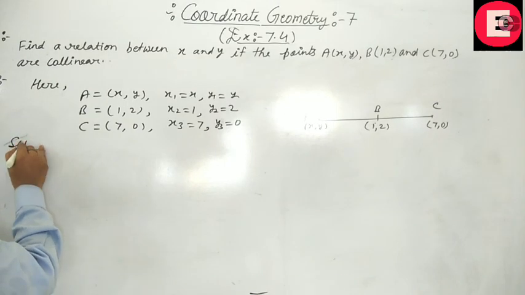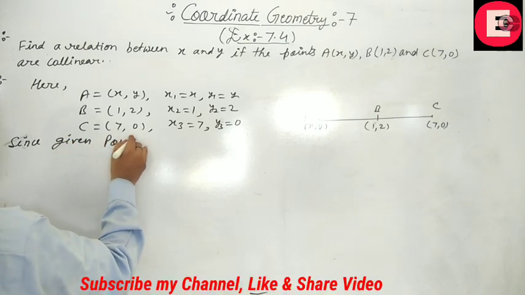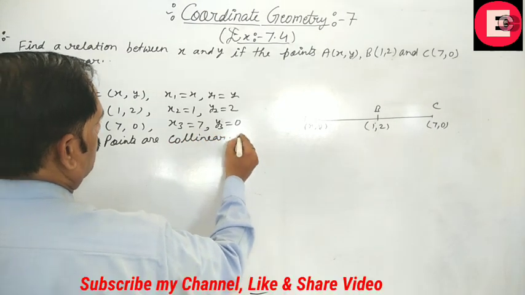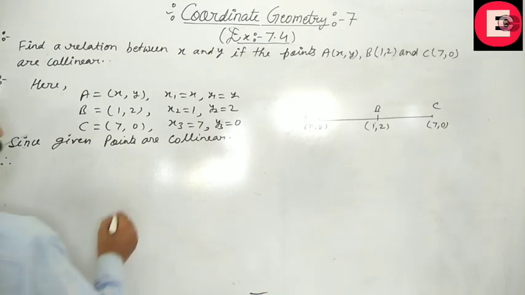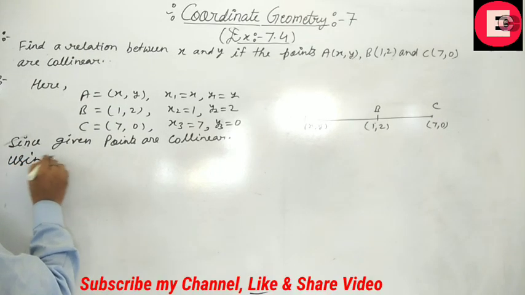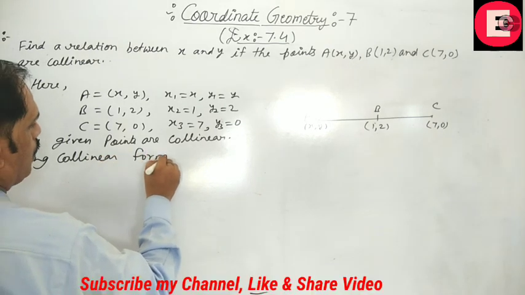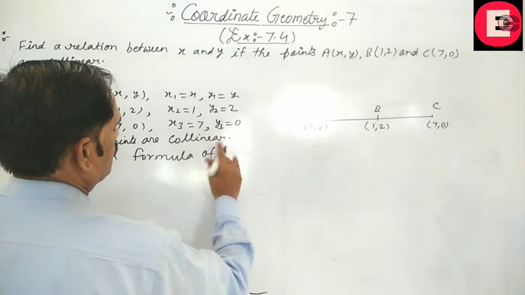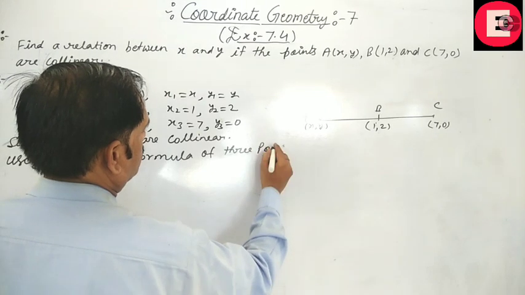Since the given points are collinear, therefore using the collinear formula of 3 points.